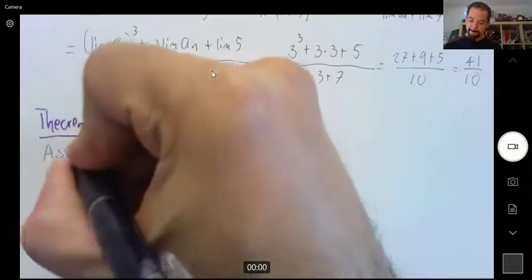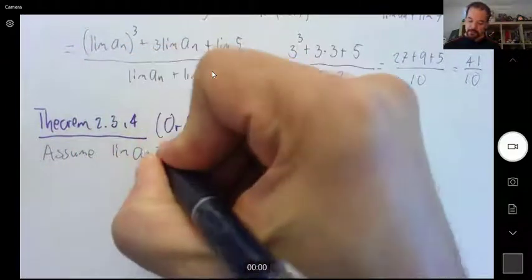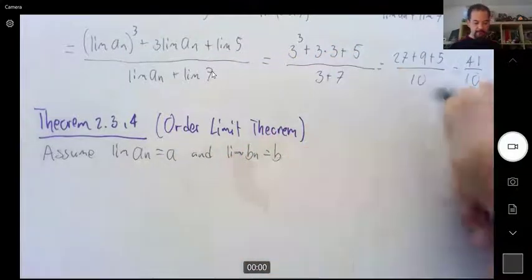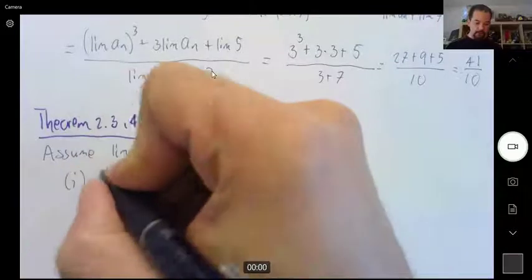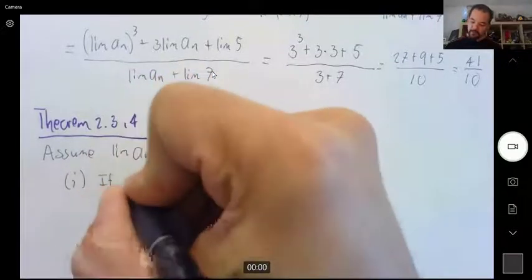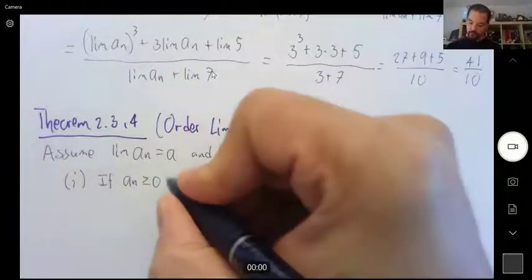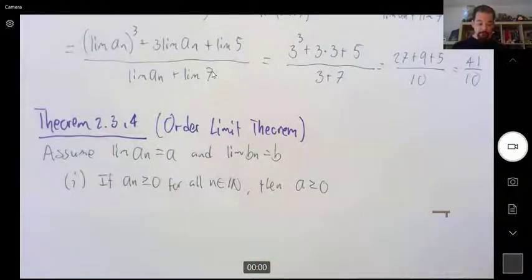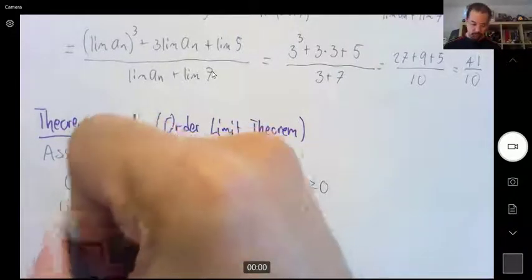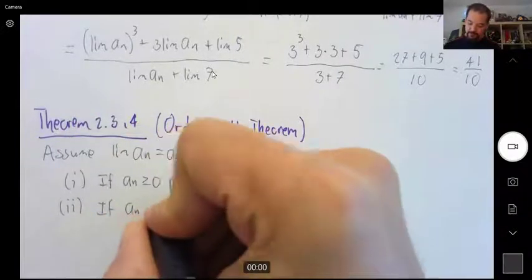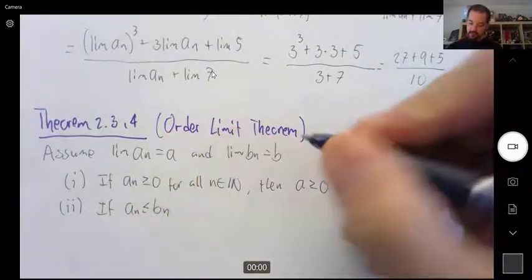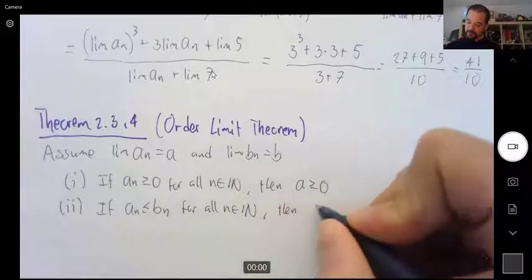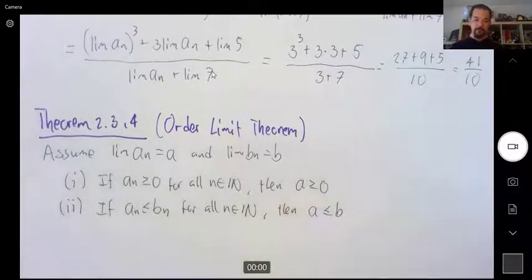Assume the limit of the sequence an is a, and the limit of the sequence bn is b. Part 1: if it turns out that an is positive for all n, then the value of the limit is positive too. Number 2: if the sequence an is smaller than the sequence bn, then that inequality is preserved when you take limits.